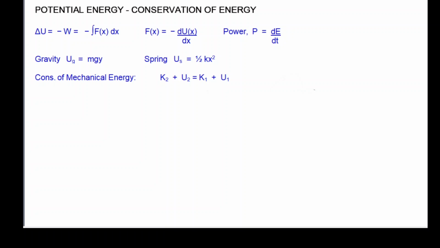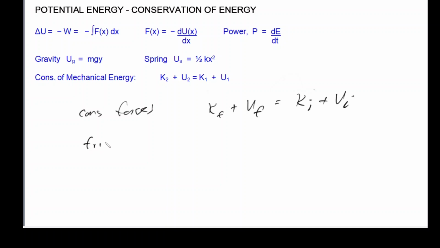Before we do problems using conservation of energy, let's review a few points. Using conservation of energy allows us to look mainly at the initial and final energy states of a system to solve problems. If we have conservative forces with no friction, then the law of conservation of energy states that the total final energy equals the total initial energy.